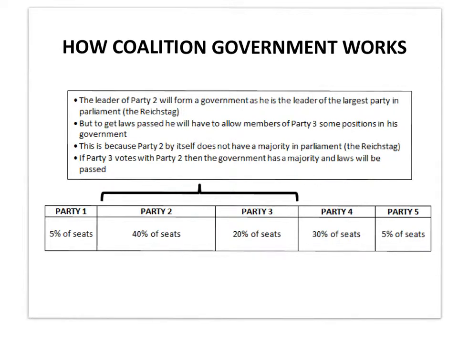So again, if you got 500 seats in the Reichstag, and let's say there are, for argument's sake, 5 political parties as shown here, if Party 2 gets 40% of the votes nationally, then Party 2 will get 40% of the seats, which would be 200 seats. If Party 3 gets 20% of the vote, then they will get 20% of the seats, so they will get 100 seats, and so on.